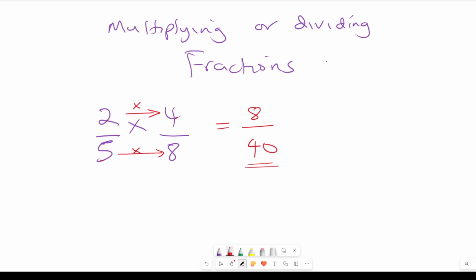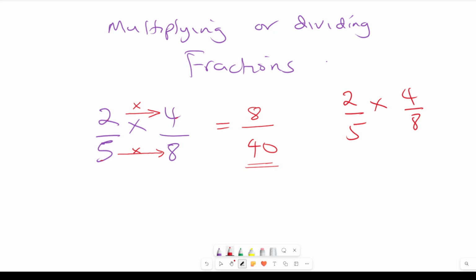But normally, multiplying fractions will leave you with a fraction that can be simplified further. So how do you ensure that you simplify everything within the operation before you get your final answer? With the same 2 over 5 times 4 over 8, I can simplify before I multiply across.